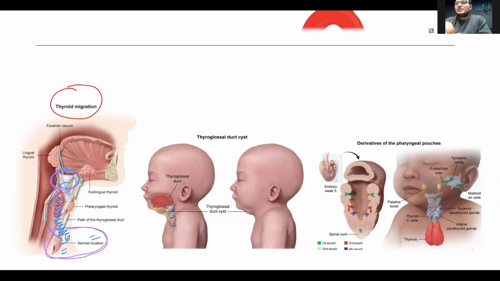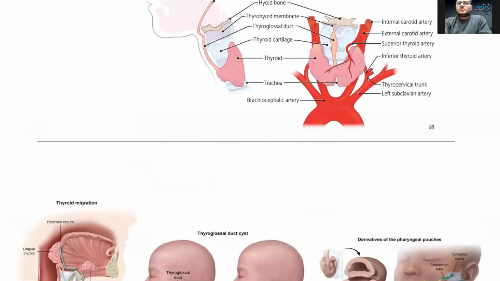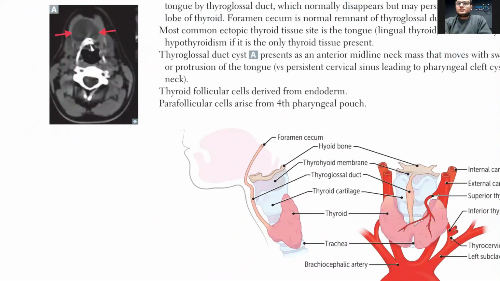It is retained in the base of the pharynx and presents as a cyst, that is thyroglossal duct cyst. You can see in this diagram, this is thyroglossal duct cyst, and it presents as an anterior neck mass. Is that clear?